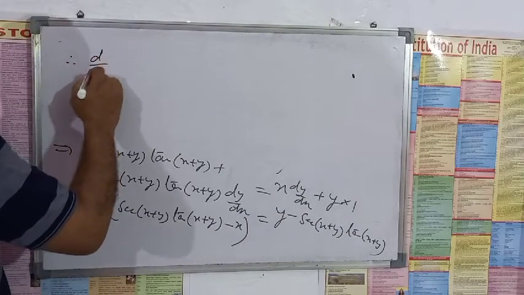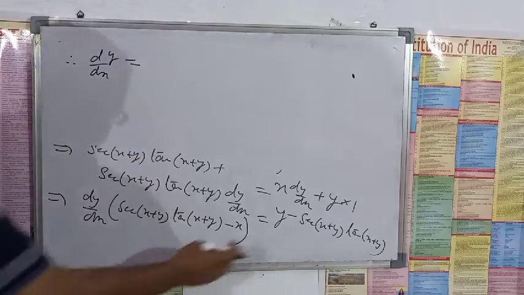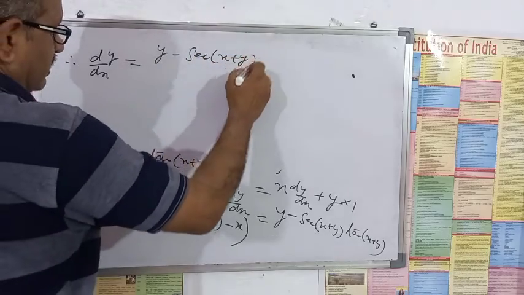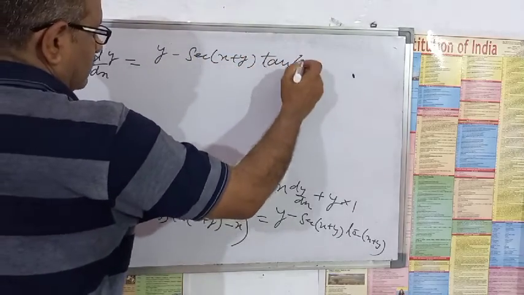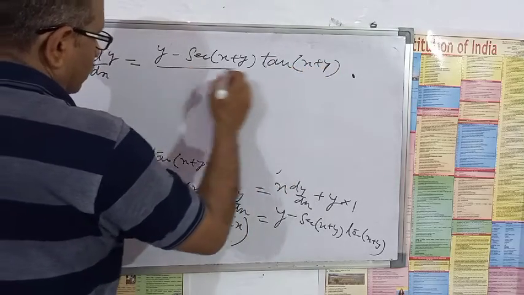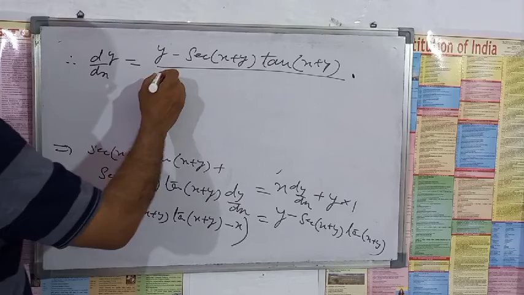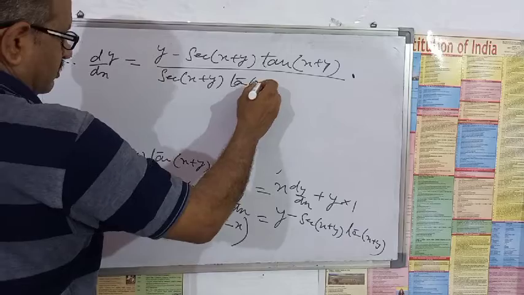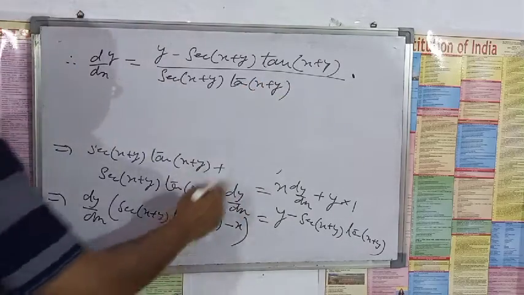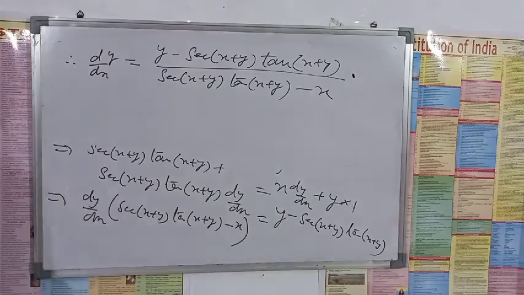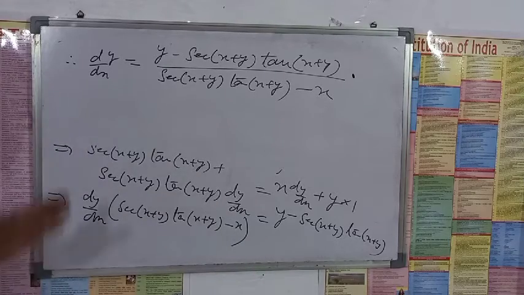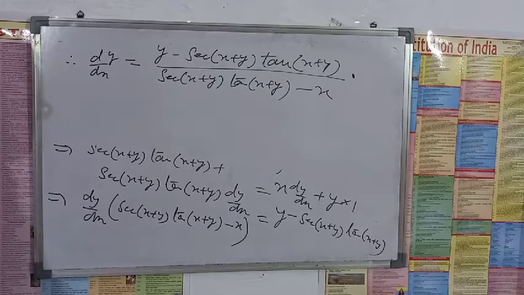Therefore dy by dx is equal to y minus sec(x plus y) tan(x plus y) whole upon sec(x plus y) into tan(x plus y) minus x. So it was question number 8, last part.